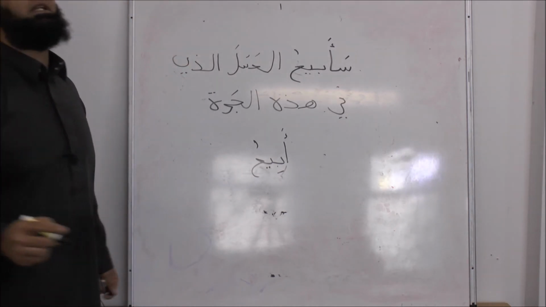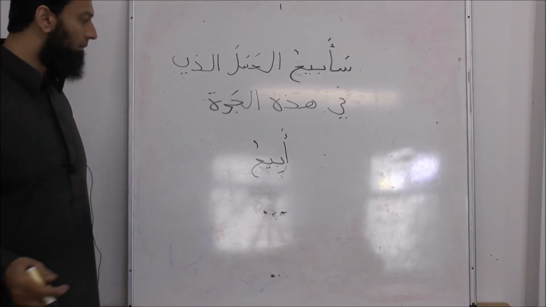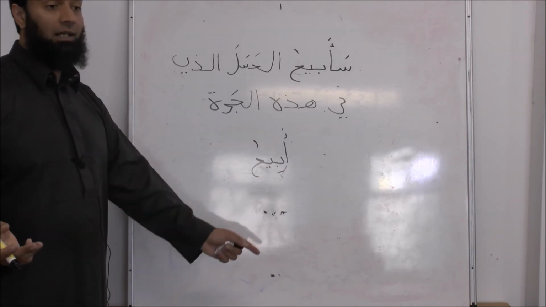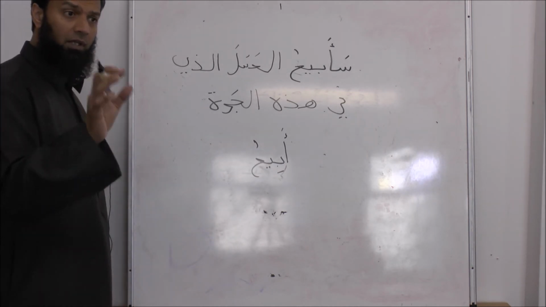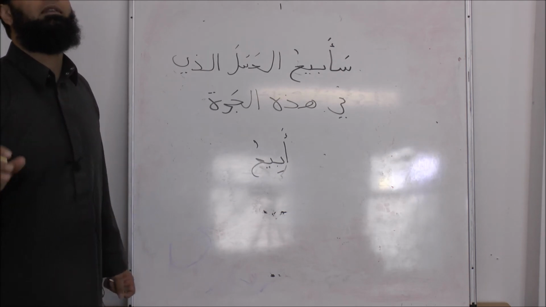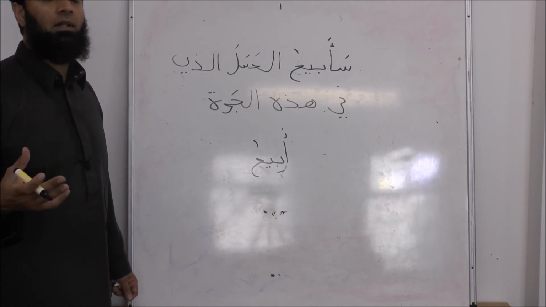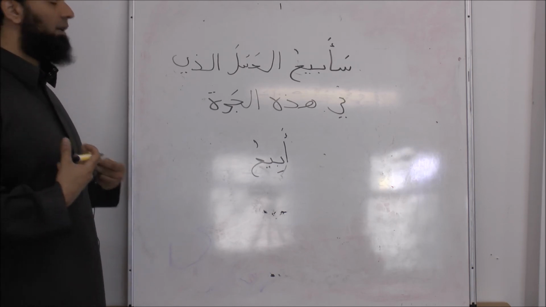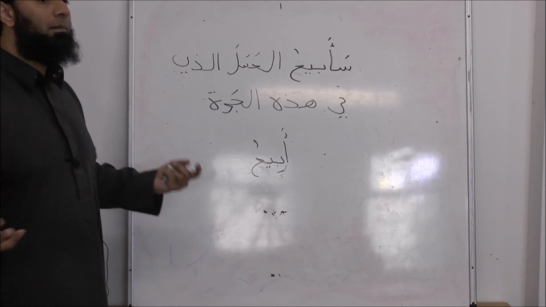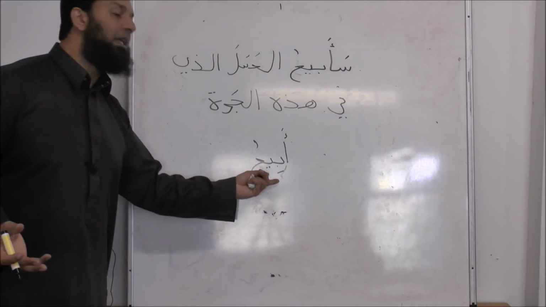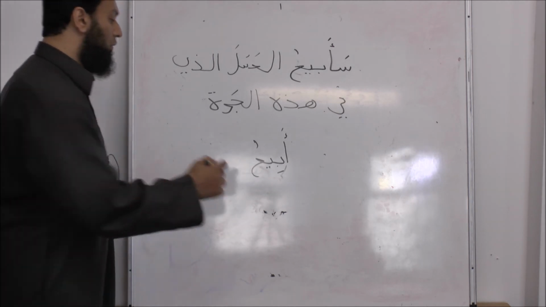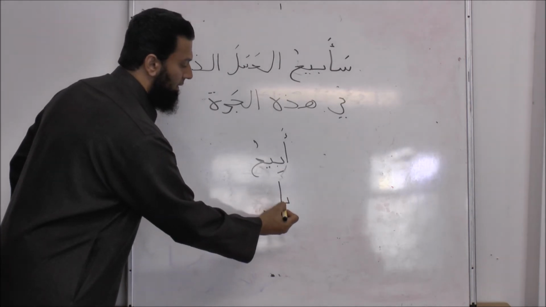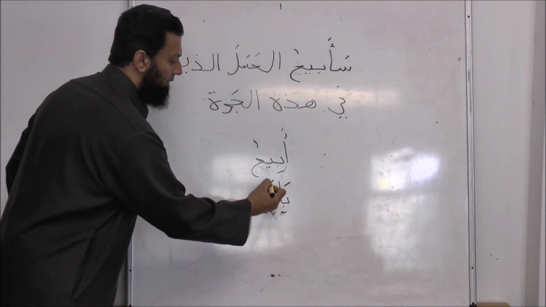ubi'u. What does ubi'u mean? Well, it begins with an alif, and whenever you have a fi'lul mudari, present tense that begins with an alif, who are we talking about? Myself. I. So I will do something. What am I going to do? Ubi'u, the past of this is ba'a.